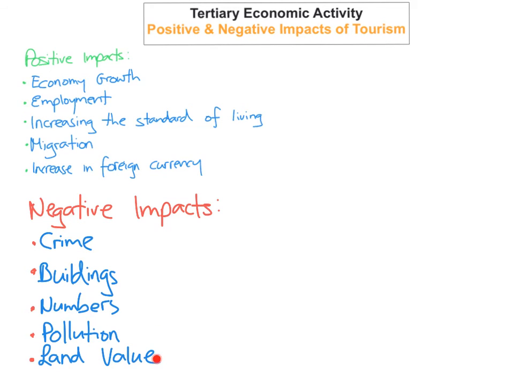So this can lead to large numbers of farmers selling their land because they can get a much higher price. And then this leads to a lot less greenery. It leads to a lot more buildings.